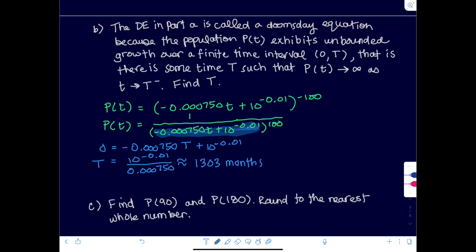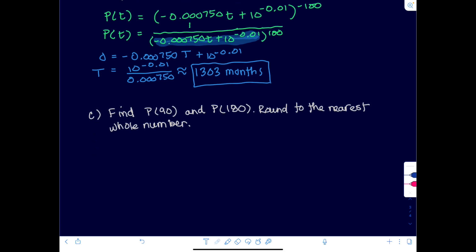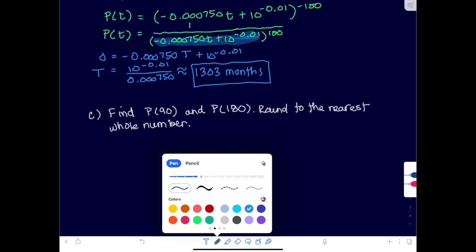All right, so then the last part is just asking us to find P at 90 and P at 180. So we'll go ahead and do so.